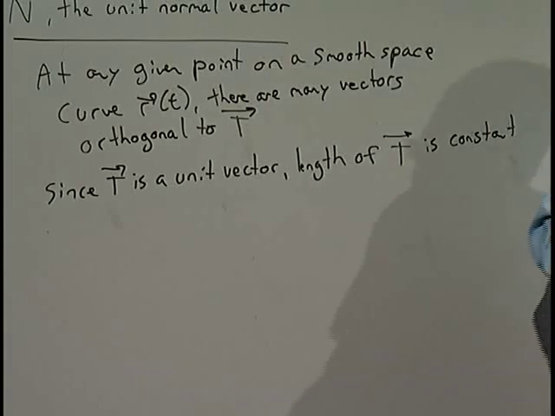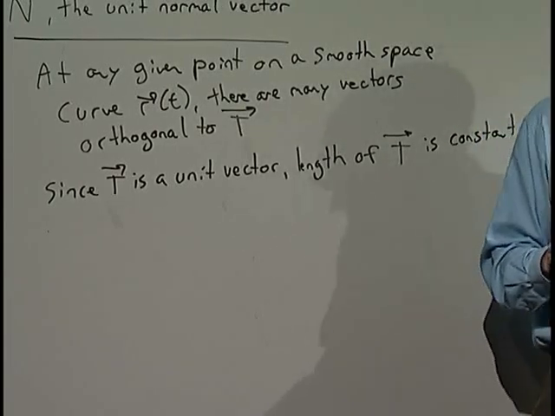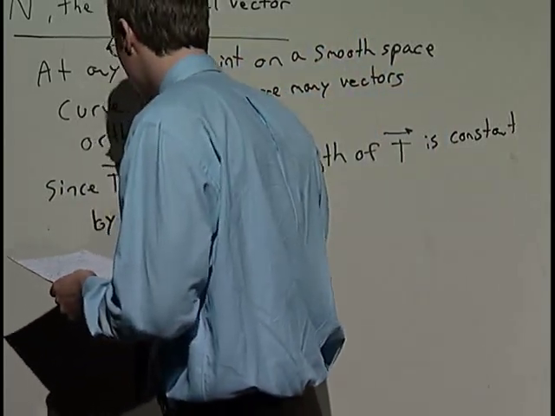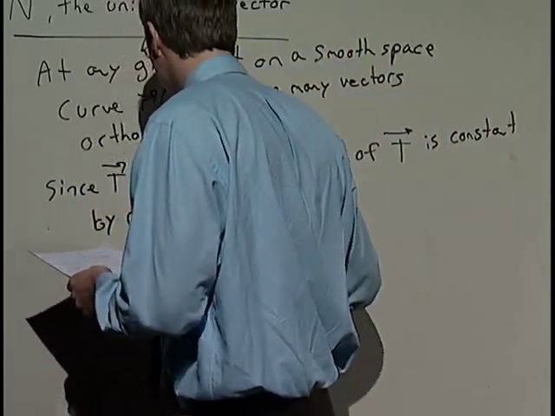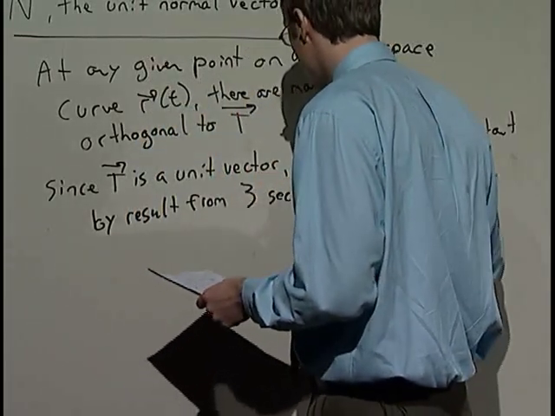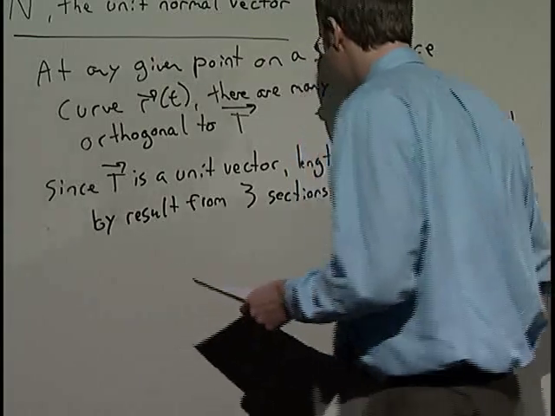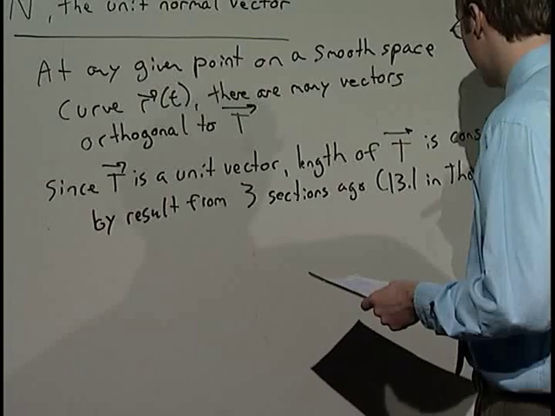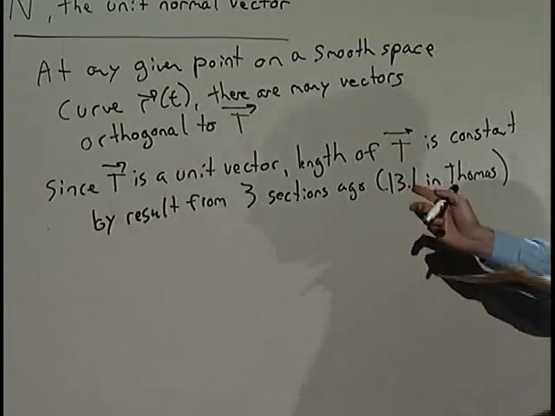In other words, a vector of constant length is always orthogonal to its derivative. All right? So by result from, what is it now, 3 sections ago? That's section 13.1 in Thomas, but depending on what your book is, whatever the section on vector-valued functions is, right?